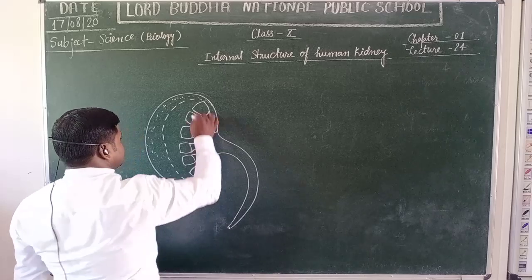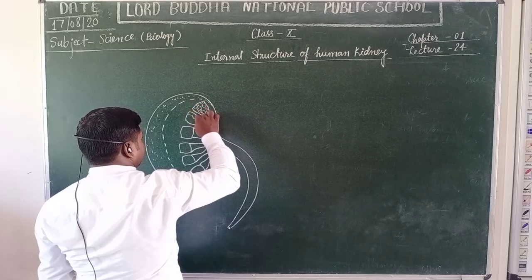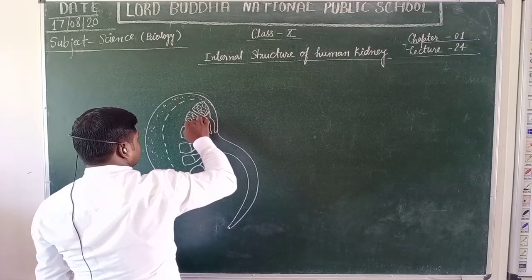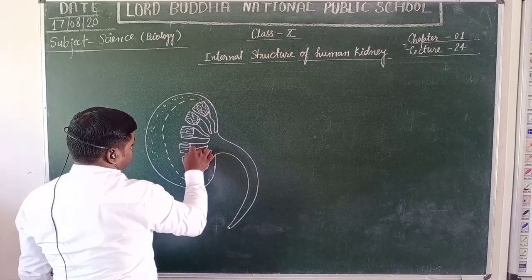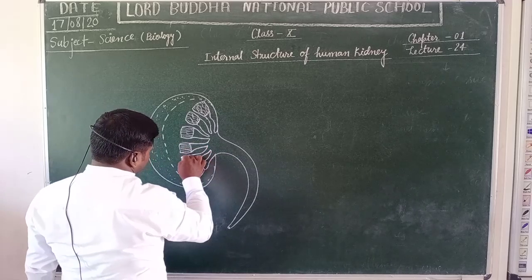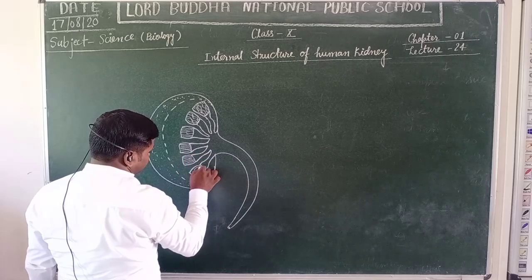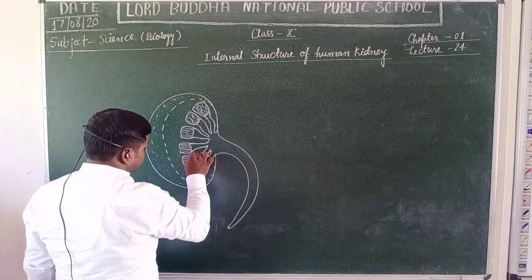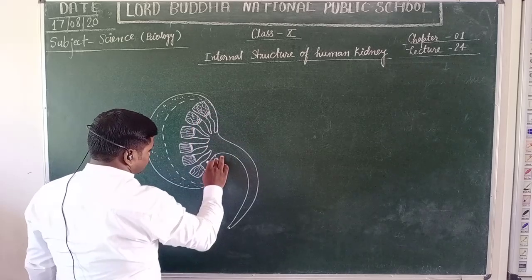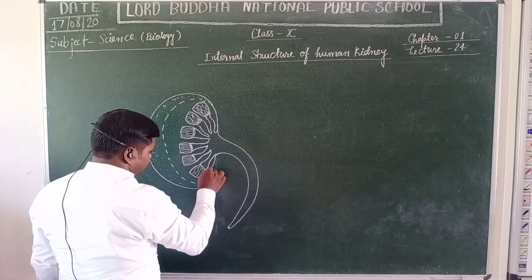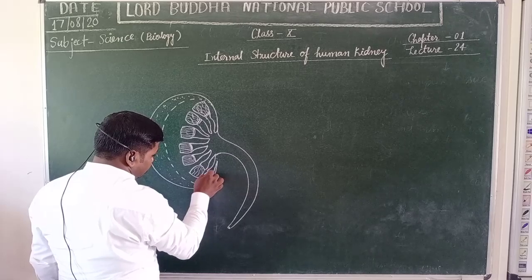It consists of these, the columns of Bertin. Their main function is the process of ultrafiltration, being part of the uriniferous tubule. The number of pyramids may vary from 7 to 9.